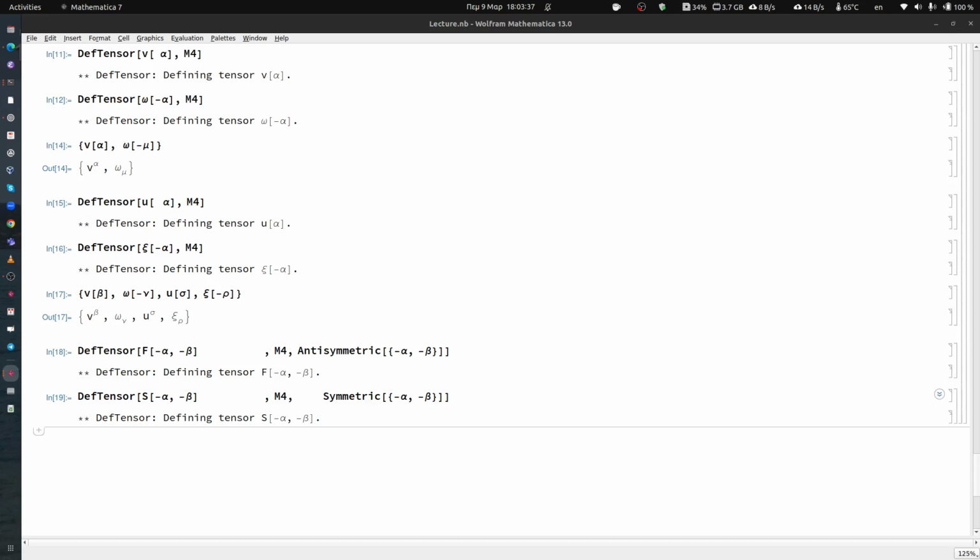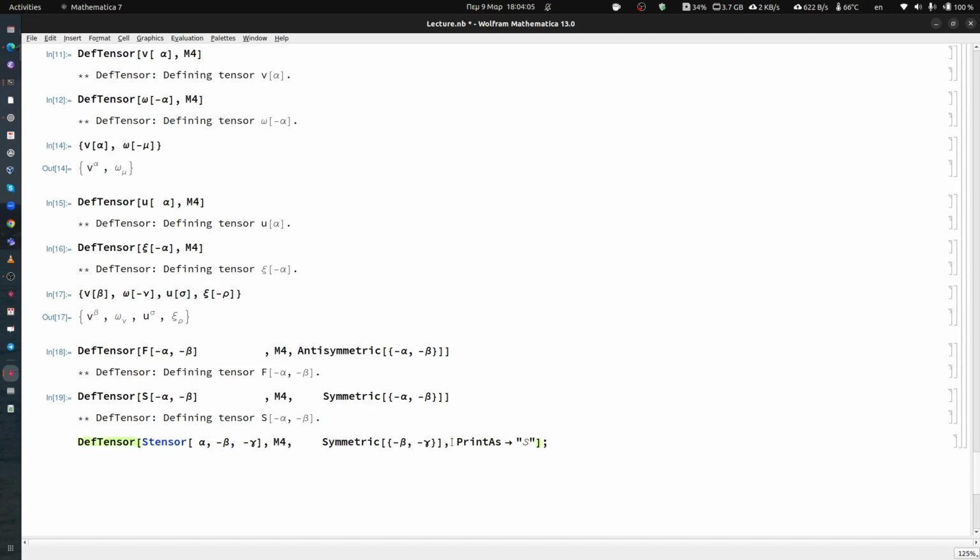Now, sometimes we run out of symbols, so it is a good idea to be more verbose with the names of the tensors that we choose. So here I have the tensor xTensor, which has three indices, one upstairs and two downstairs. It is symmetric with respect to the exchange of those indices downstairs.